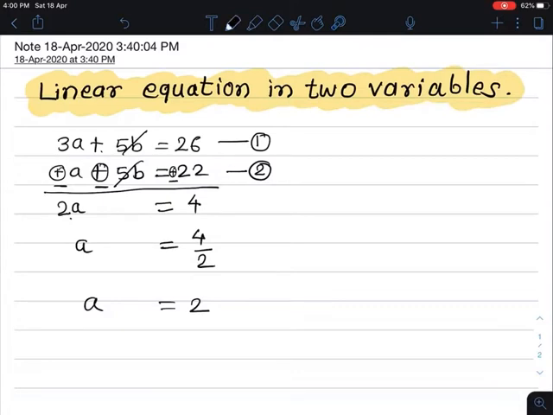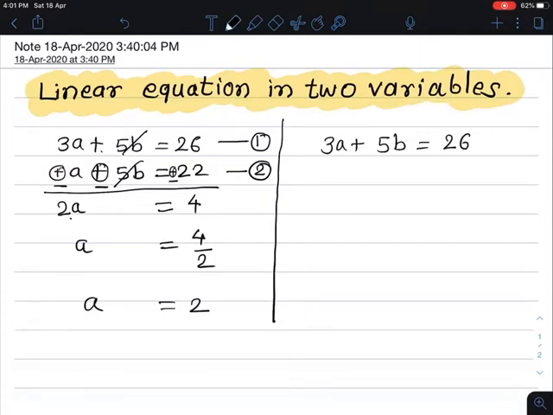So we will write the equation 3a plus 5b is equal to 26. I will write it as it is. Now put the value of a equal to 2 in this equation.